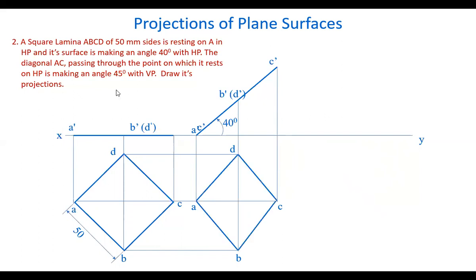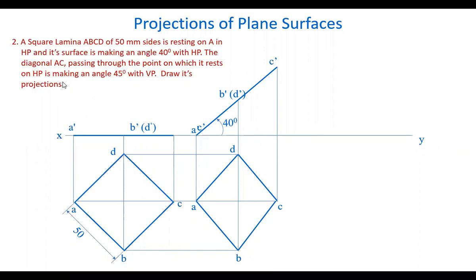Now, if you observe, the AC diagonal is making an angle with the HP, this line. Forget about everything, consider only the line AC. AC is making an angle of 40 degrees with the HP. Suppose I take this AC line here at some angle, then that will be an apparent angle.